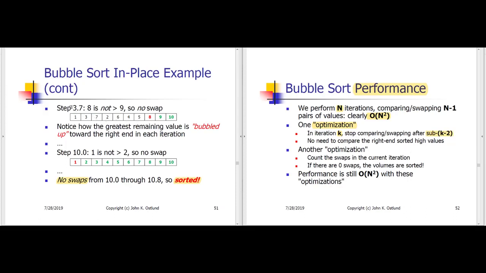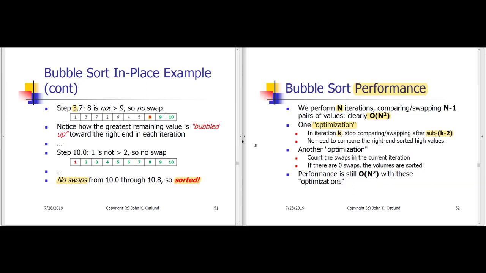All right, that is, considering step 3 here, when we get up to looking at our sub 7 item, there's no point in comparing it to the sub 8 and sub 9 items because we already know that they are in their correct places.